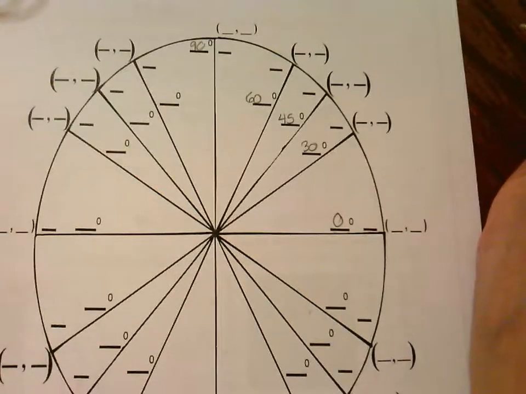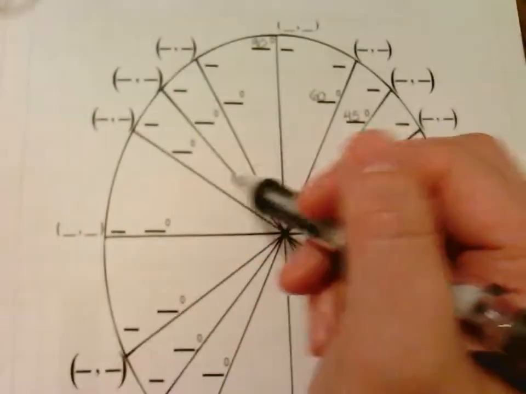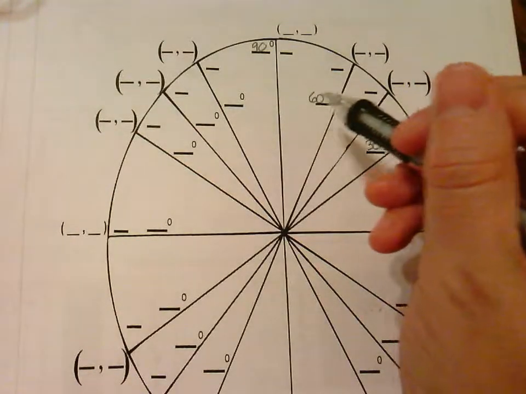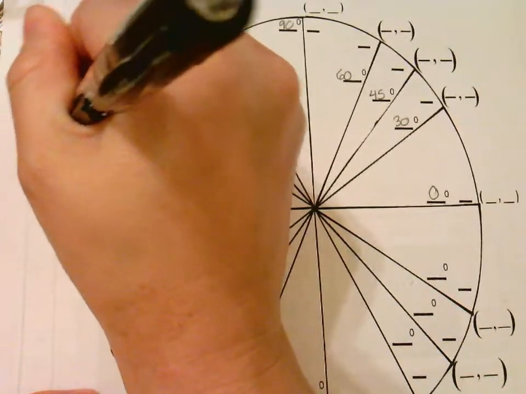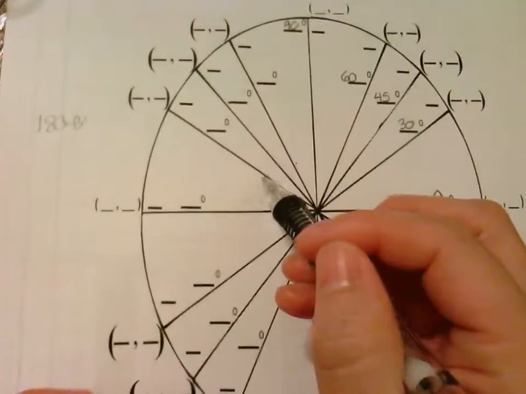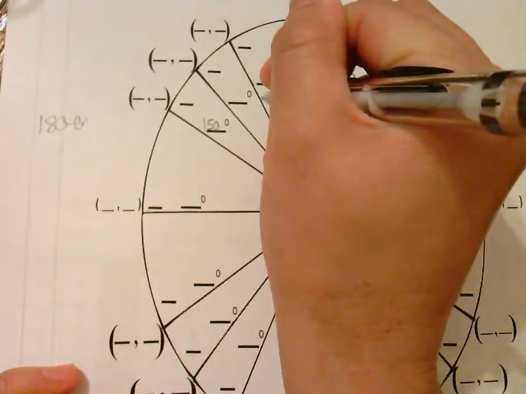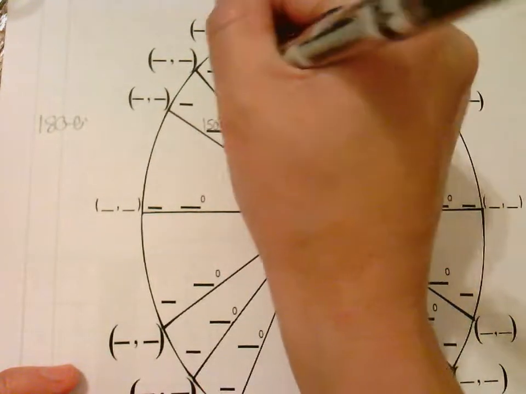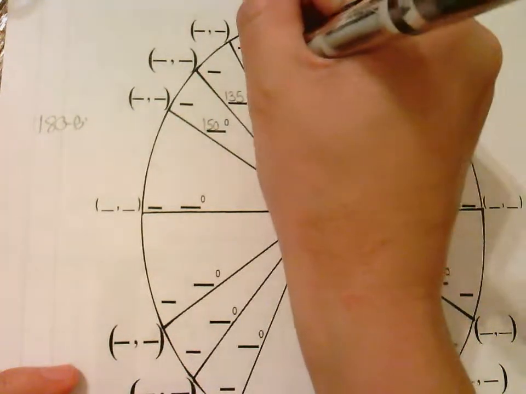Remember, reference angles: these are the theta prime angles you're going to be working on. So this is 180 minus theta prime. So 180 minus 30 is 150. 180 minus 45 is 135. 180 minus 60 is 120.